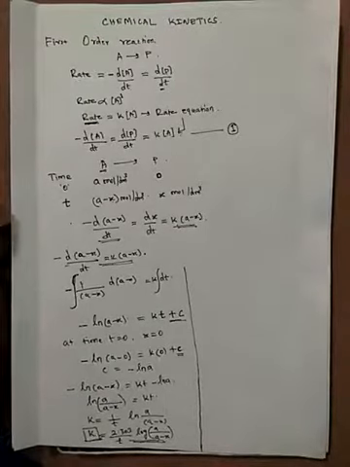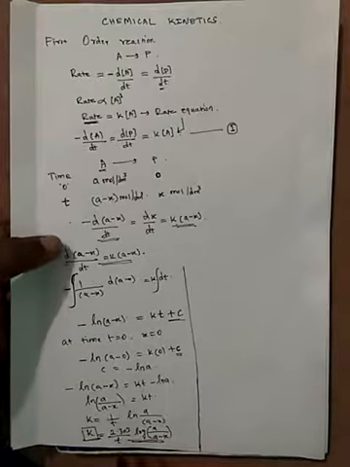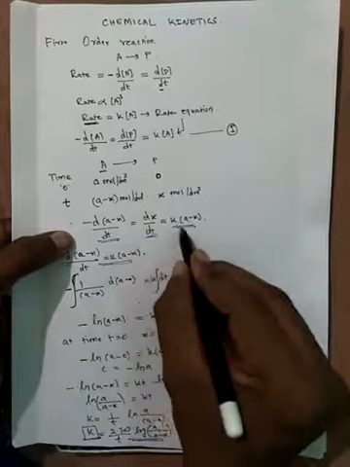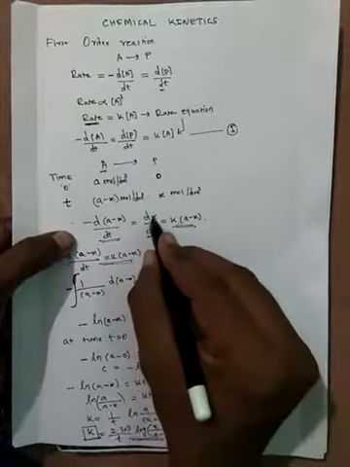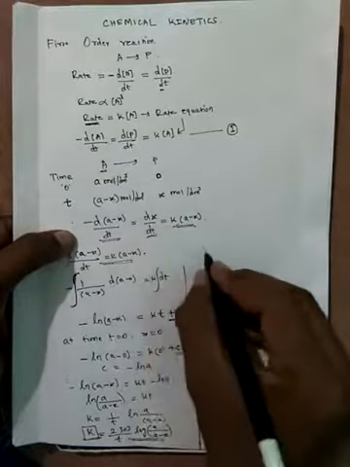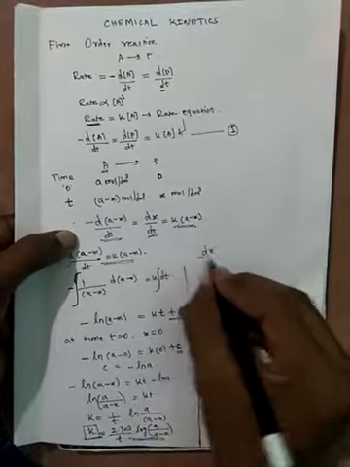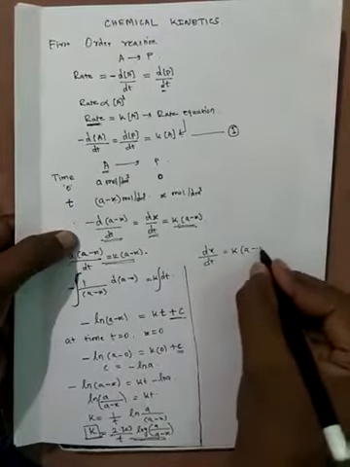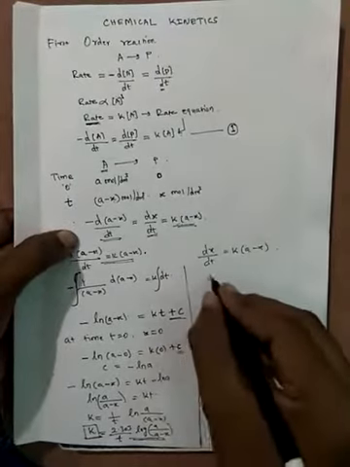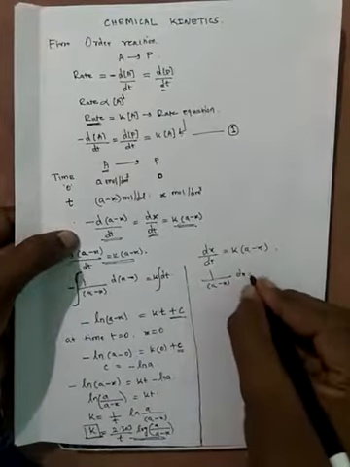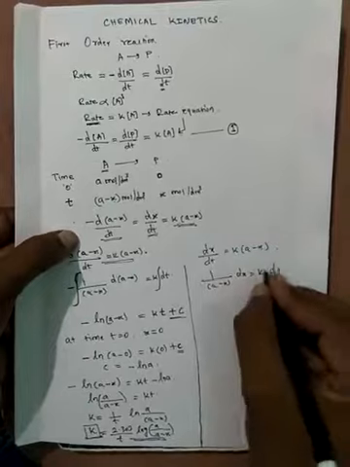Okay, then you can also derive the same equation by using the rate expressed in terms of product. Therefore, dx by dt equal to k times a minus x. Rearrange again, 1 by a minus x dx equal to k dt. Integrate.